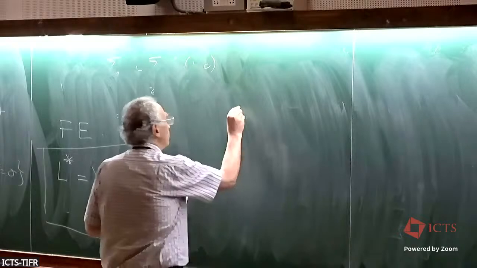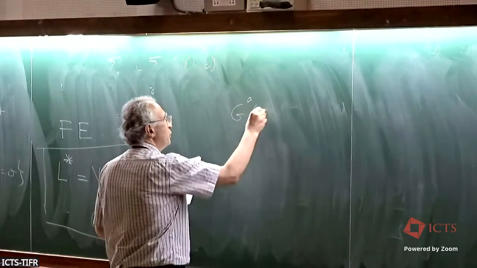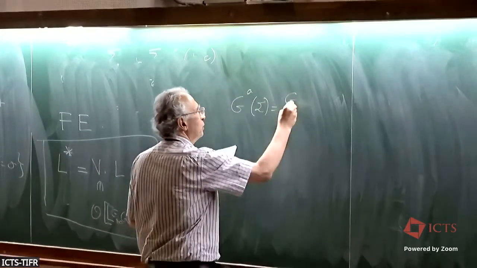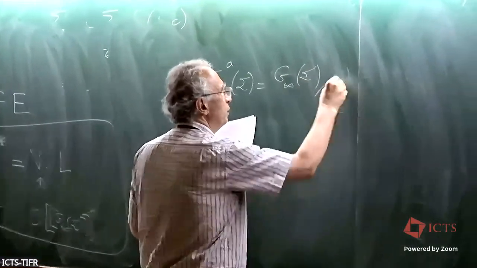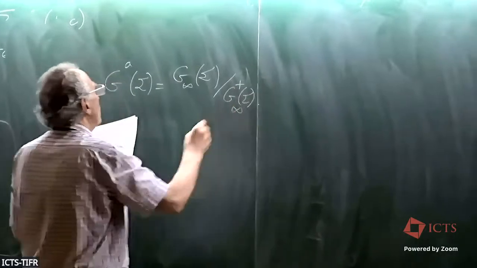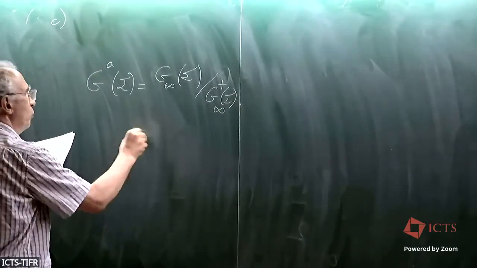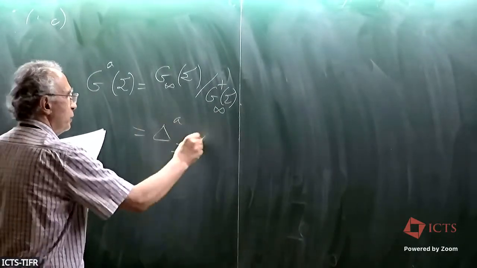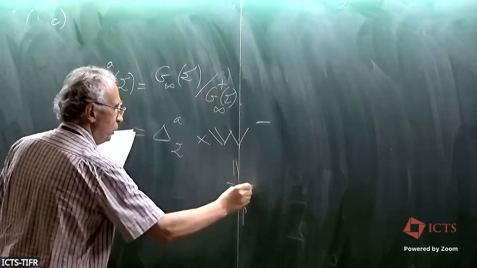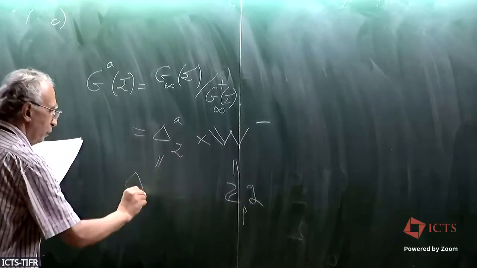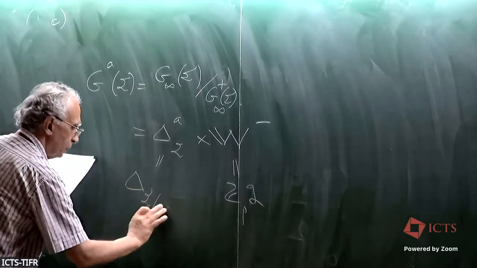GAC is the quotient G infinity C divided by G infinity plus C. And so it decomposes as delta CA times W minus.